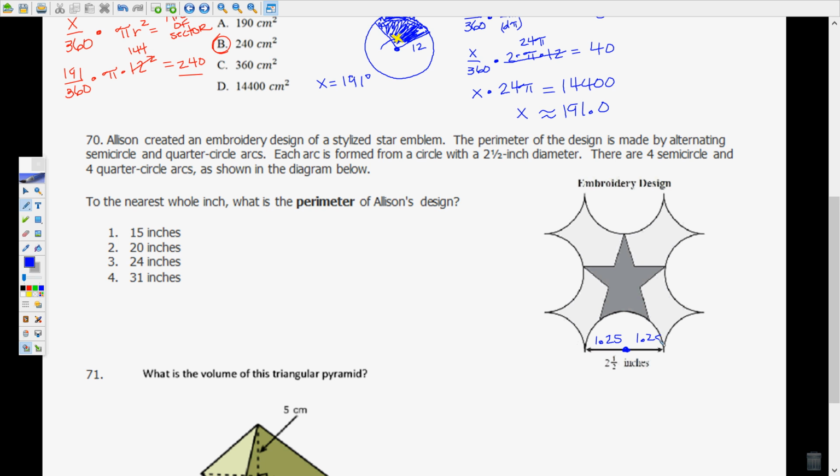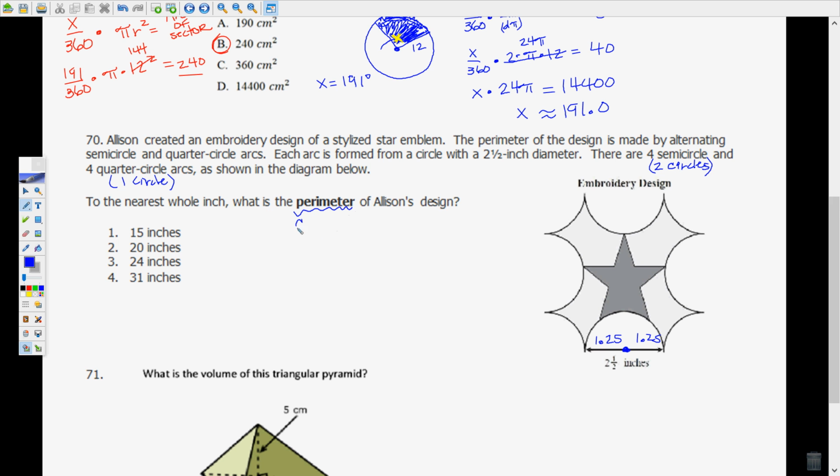There are 4 semicircles. How many circles is that? 2 circles. A semicircle is a half circle. Then 4 quarter circles. How many circles is that? 4 quarters makes a dollar, so that's 1 circle. So we have a total of 3 circles, and we're looking for the perimeter of her design.